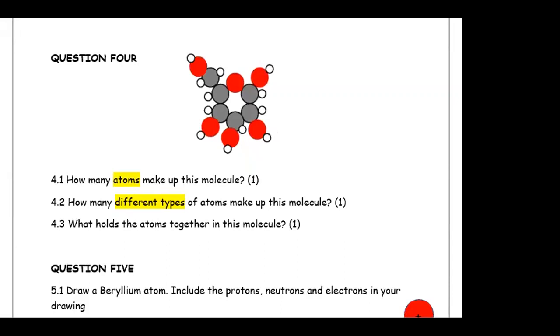Okay, so question 4, and this is a nice question. It's really easy. How many atoms make up this molecule? So this is one molecule of a compound, okay? And I want you guys to count for me, like physically count. How many atoms are in this molecule? I'll actually count with you.